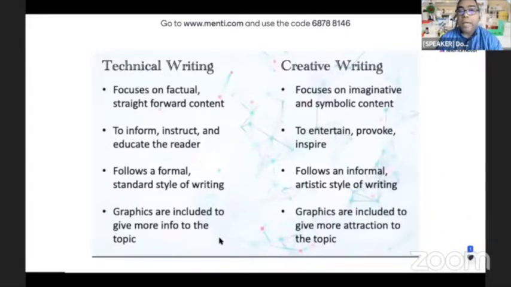Writing a research paper is different from creative writing. No? Sabi ko nga, kailangan direct to the point tayo. Don't use flowery words, no? Hindi siya creative writing, hindi siya poetry, no? This is technical writing. So dito tayo sa technical writing, meaning it focuses on factual, straightforward content.